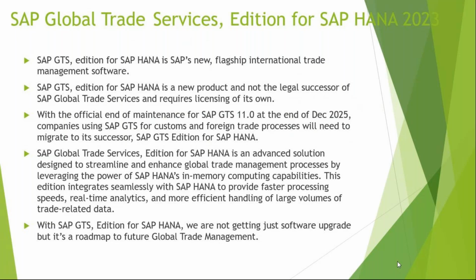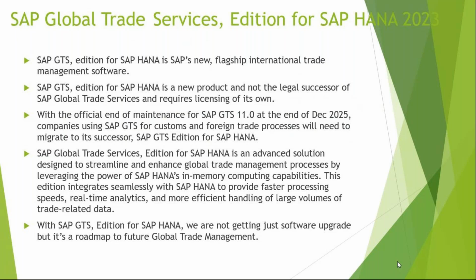But with the new version introduced last year, SAP GTS Edition for SAP HANA 2023, SAP now wants to encourage all companies to make the switch from 11.0 to SAP GTS Edition for SAP HANA. It means any company that wants to continue using SAP GTS must switch its system from SAP GTS 11.0 to SAP GTS Edition for SAP HANA 2023.